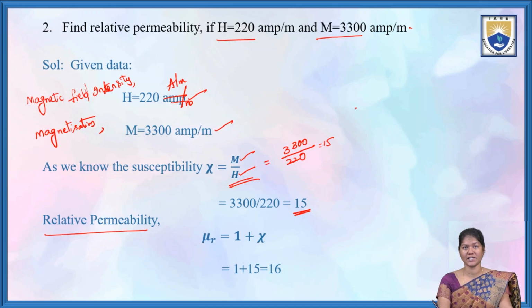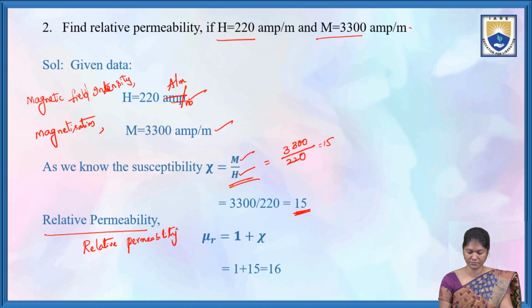That's why first we calculated the susceptibility, and we got chi equal to 50. Now relative permeability mu r is equal to 1 plus chi. So it is equal to 1 plus 15, it is equal to 16. So mu r is equal to 16.